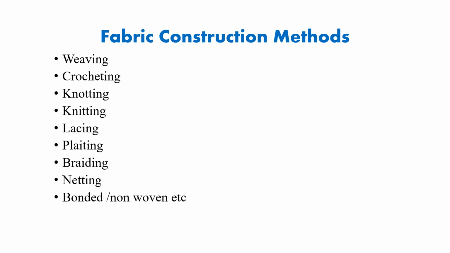Non-woven or bonded fabrics are produced without the interlacing or interlooping of yarns. Rather, we add adhesives or agitate them using pins to put them together into a sheet. Examples are some blankets, diapers, tissue papers, and others.